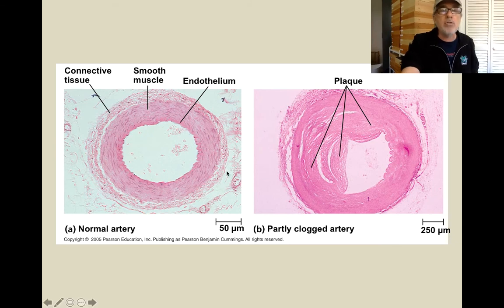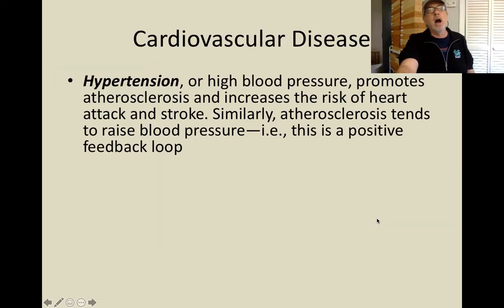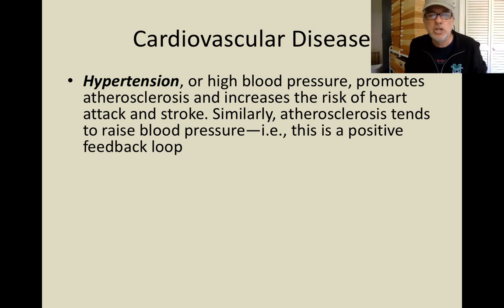Here are some micrographs. Here is a normal artery, and then here is one where it's been blocked by plaque. And you can see that this normal, nice round artery is now significantly blocked. It's got about half of its original cross-sectional area. Other cardiovascular diseases include hypertension, which is in simple English, high blood pressure, and it promotes atherosclerosis, the clogging of arteries, and therefore increases the risk of heart attack and stroke, which I'll talk about next.